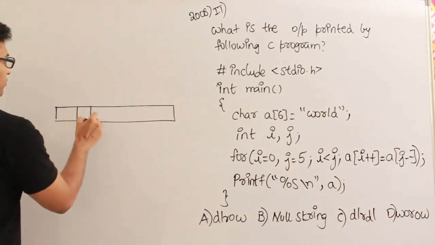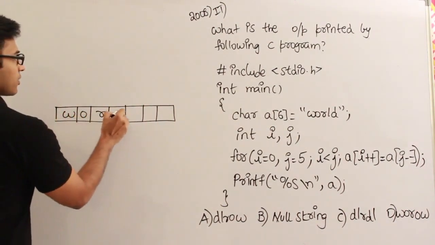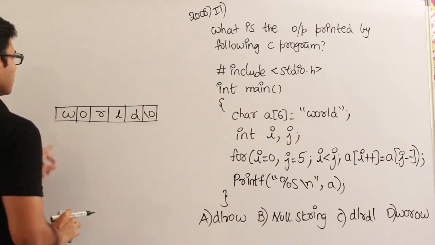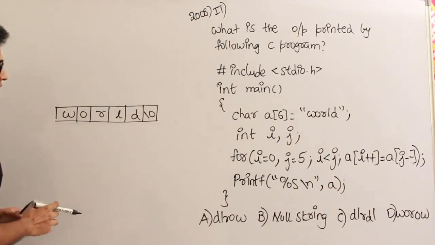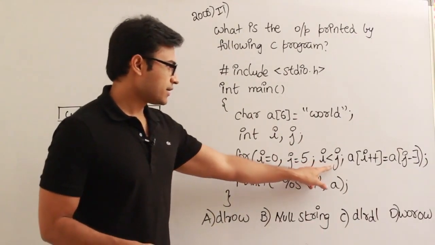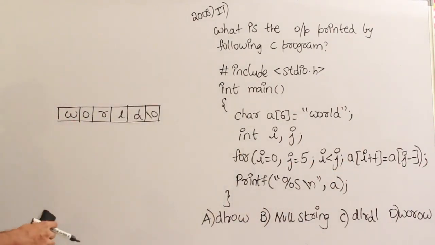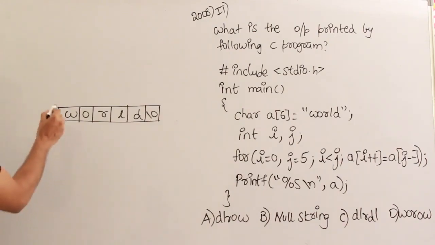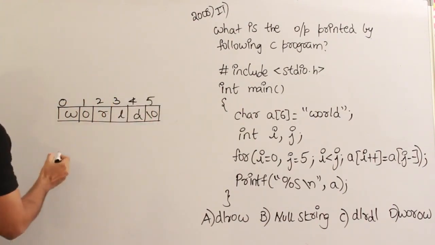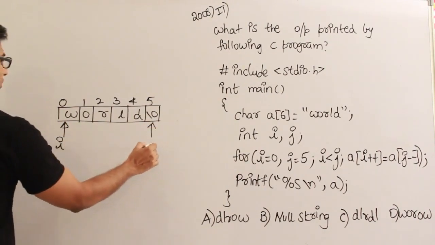Now a contains 1, 2, 3, 4, 5, 6: W, O, R, L, D, and then the null at position 5. Right? Then int i, j; for i equal to 0, j equal to 5, i less than j, a[i++] = a[j--]. What it really means is, this is a[0], a[1], a[2], a[3], a[4], a[5]. Now i is pointing to 0 and j is pointing to 5.